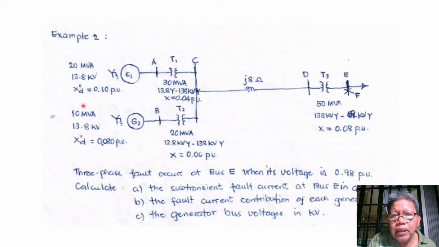So that's why, at the instant the short circuit happens, we will be using the sub-transient reactance XD double prime of the generator to be our positive sequence reactance of our generators.